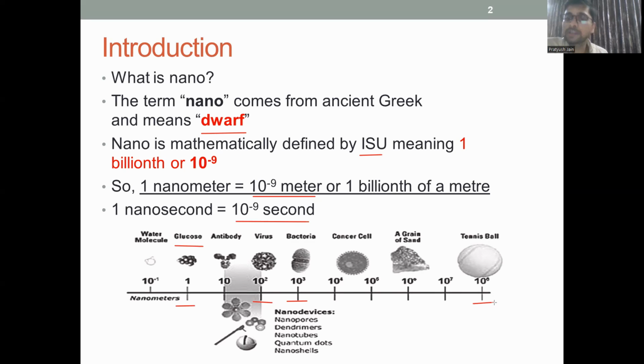Whereas a tennis ball is about 100 million nanometers in size, or about 10 centimeters. So we can say that one tennis ball is equivalent to 100 million molecules of glucose. That is how small 1 nanometer is.